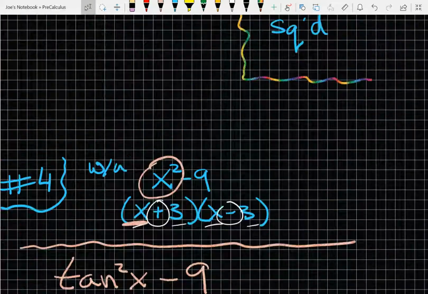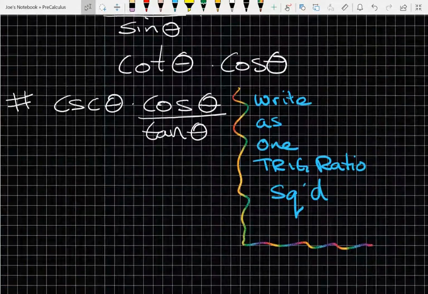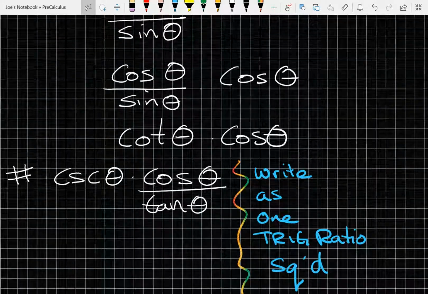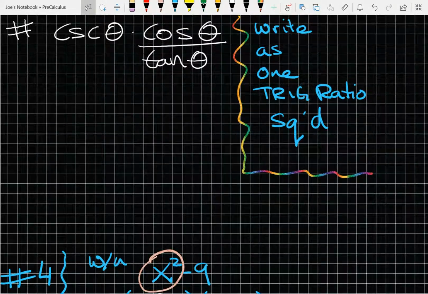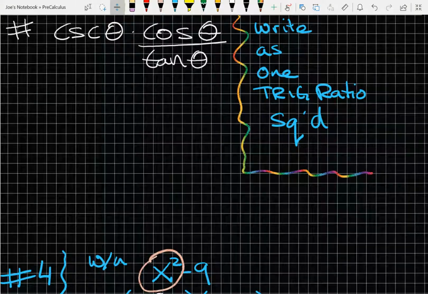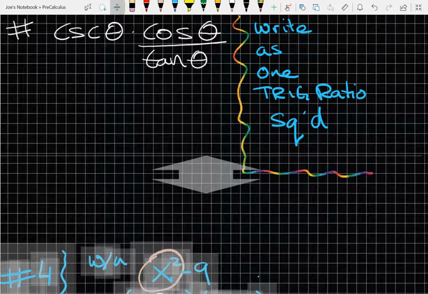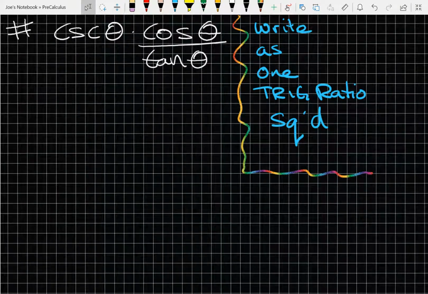You're going to write this trig expression as 1 trig ratio squared, and you're just going to use correct replacements, which are known as identities, along the way. Okay, so now I'm going to stop the recording, and I'll take any questions you have.